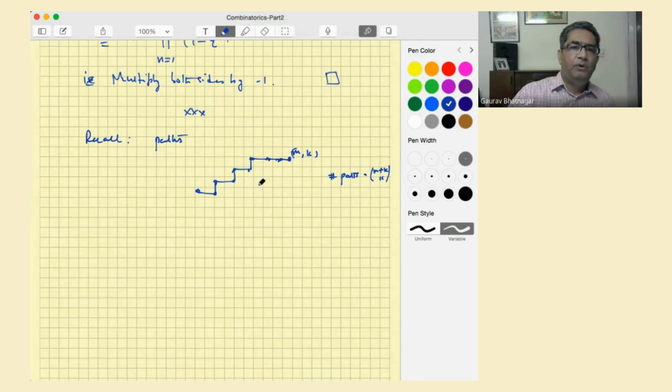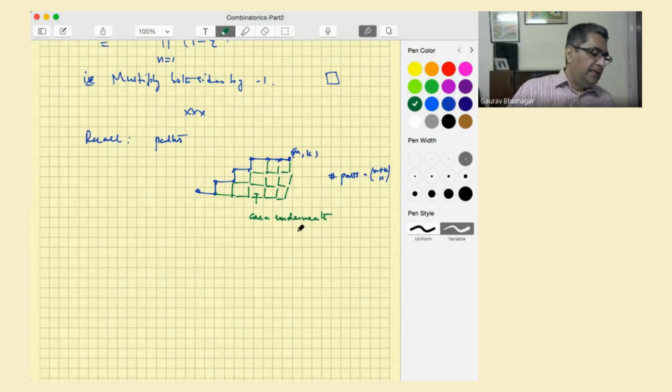And then we were doing these boxes underneath, right? The area underneath would keep track of how many sign changes were happening and so on. Once you keep track of the area, then you had some kind of a q binomial coefficient. So this was the generating function of these boxes or area: q raised by the area of a path.